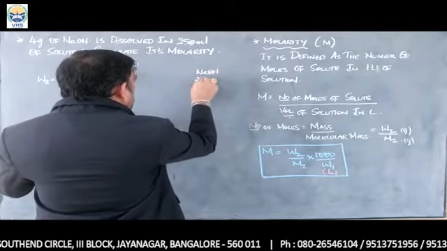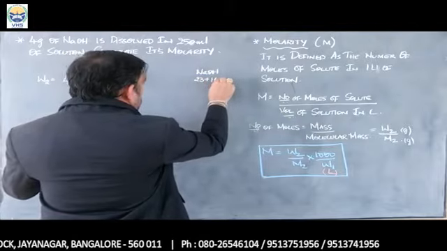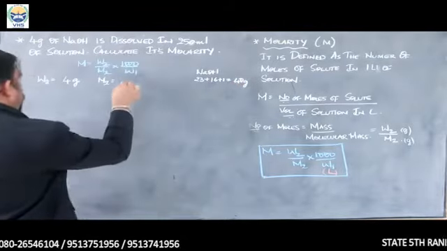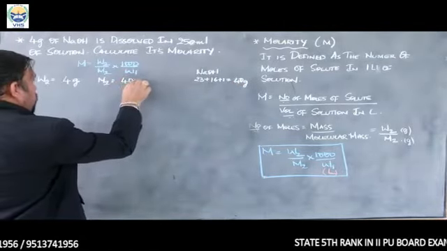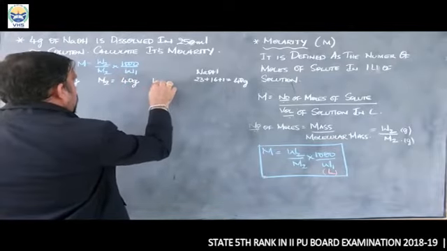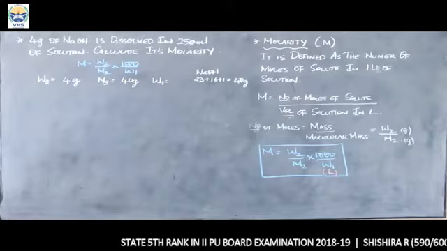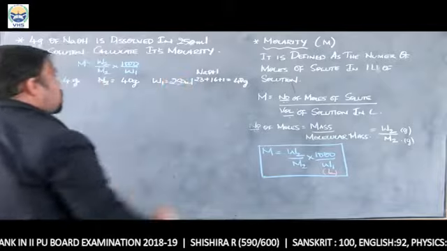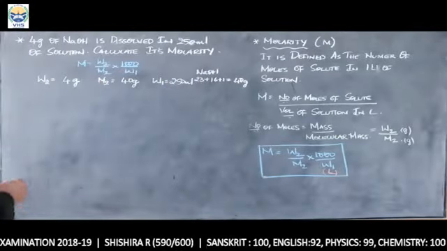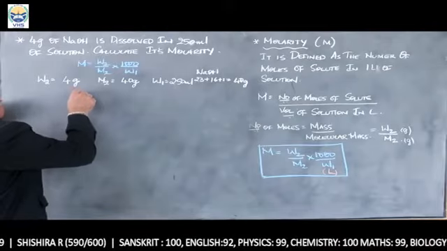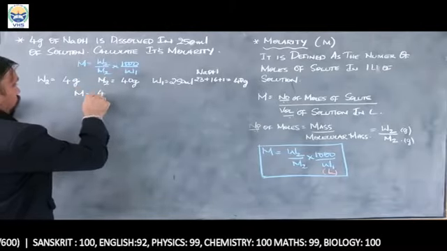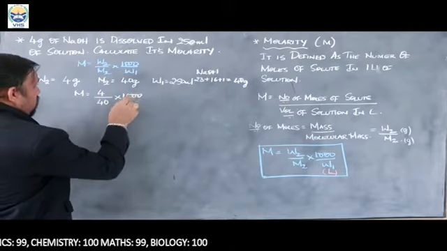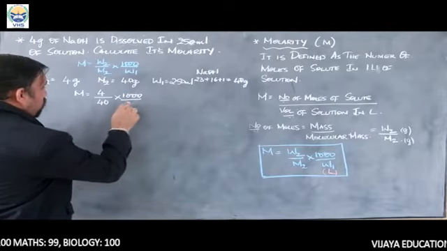The atomic mass of sodium is 23, oxygen is 16, plus 1 for hydrogen, which is equal to 40. So M2 will be 40 grams. What is W1? W1 will be 250 ml. If we substitute, we can directly get the answer. Molarity is equal to 4 divided by 40 into 1000 divided by 250.